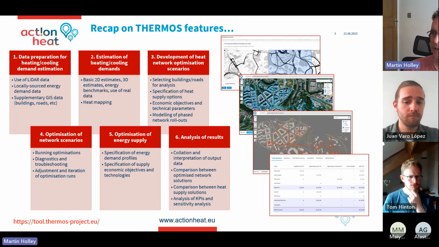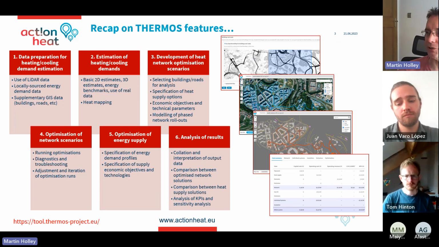And then the next procedure is really to start creating and developing scenarios for heat networks or cooling networks of what you think might have the most potential.